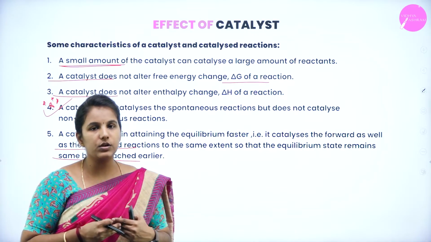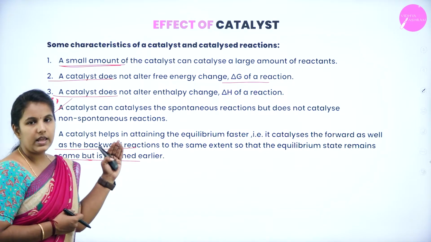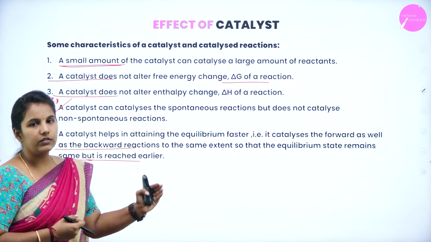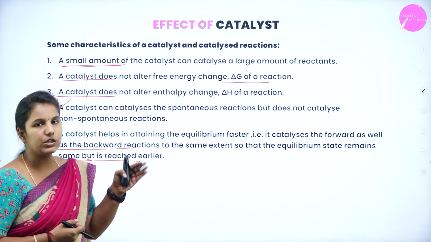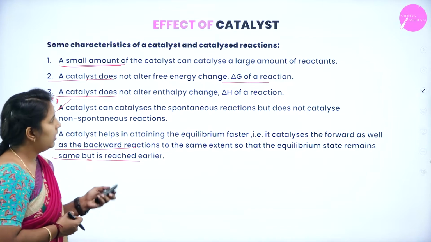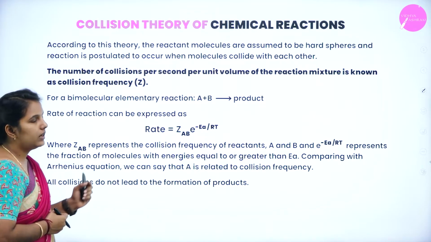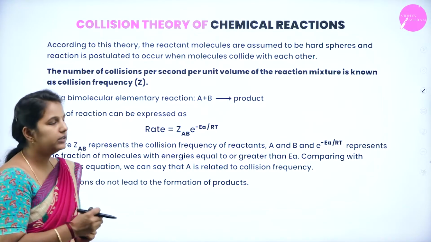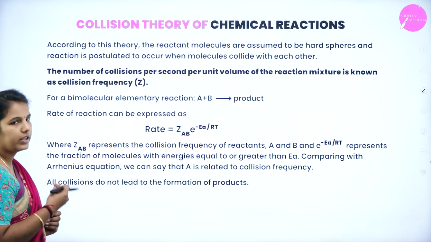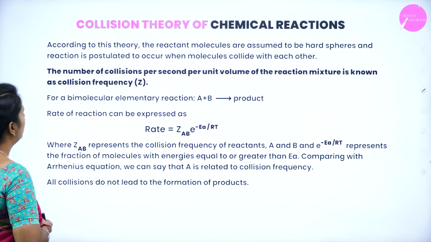So hope you all understood all the 6 important characteristics of the catalyst when it is used in a reaction. Now, that is the last topic of this unit, that is collision theory of chemical reactions.